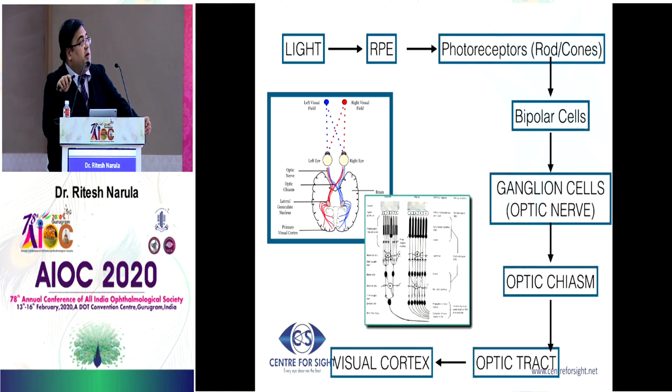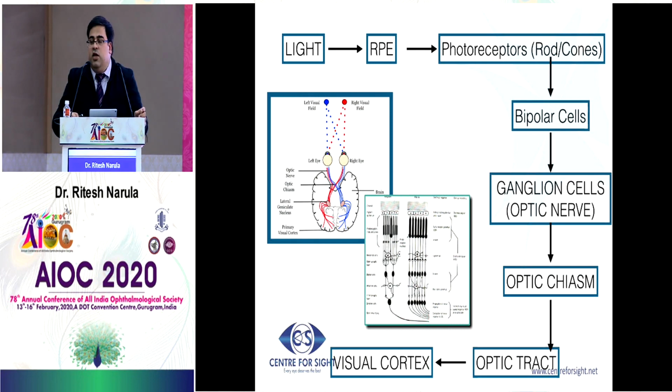So this is what our pathway now becomes. Light hits the RPE. You have signals in the photoreceptors from which the current goes to the bipolars, the ganglion cells which form your optic nerve, chiasm, tract, and then to the visual cortex. So this is how the pathway is. Remember, it's a serial pathway. It doesn't have any alternate channels, so the current can only flow in one direction.